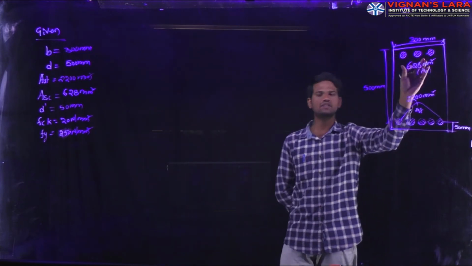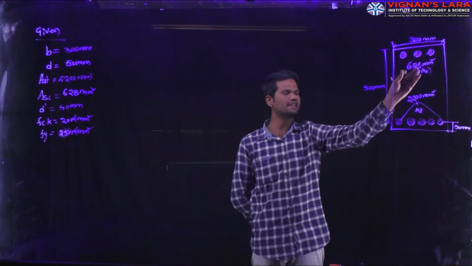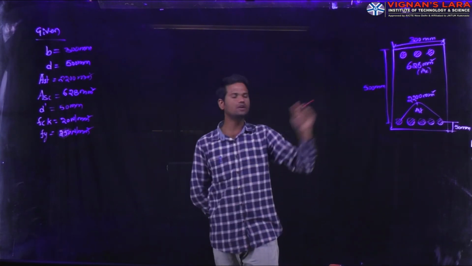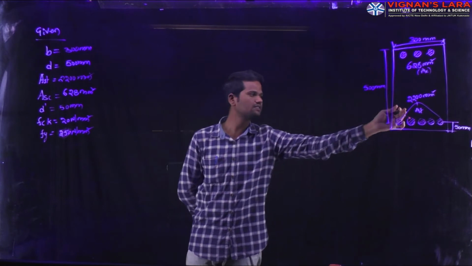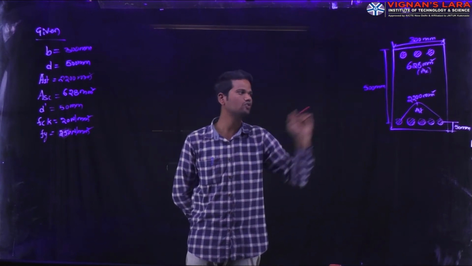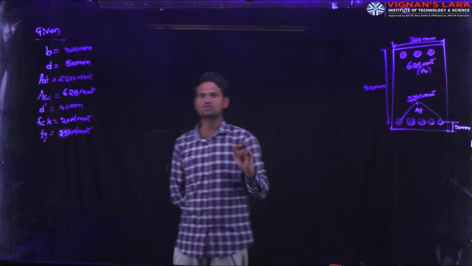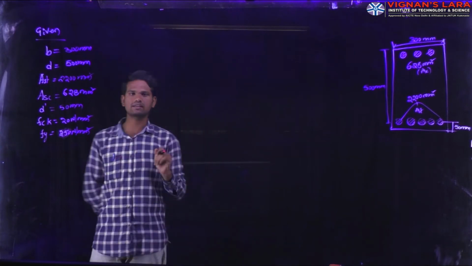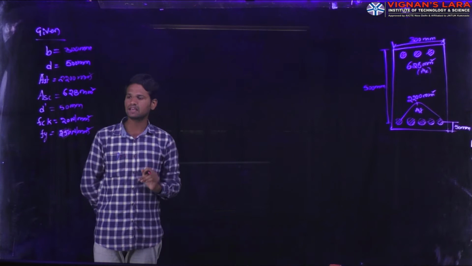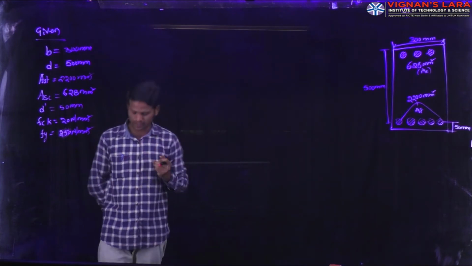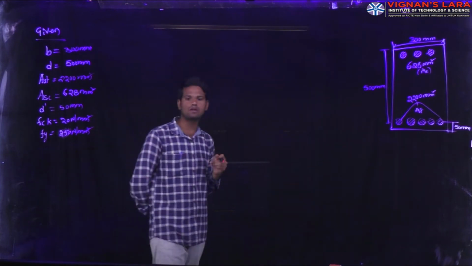The area of steel given in the compression face, ASC, is 628 mm square, as well as the area of steel given in the tension face, AST, equal to 2200 mm square. For this, we have to calculate how much resistance this beam can carry. Already we have solved one problem.